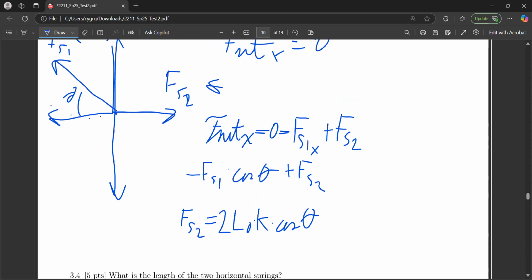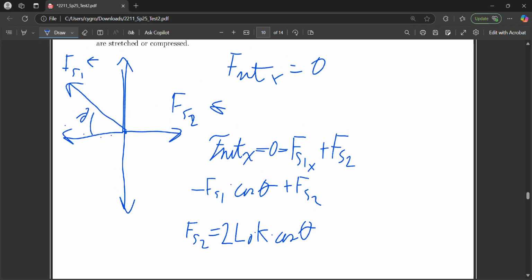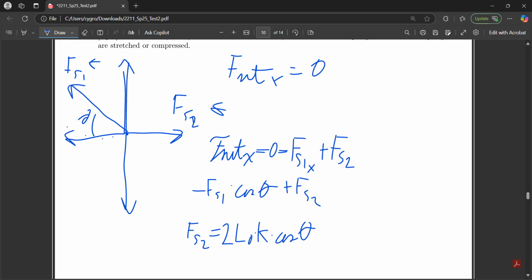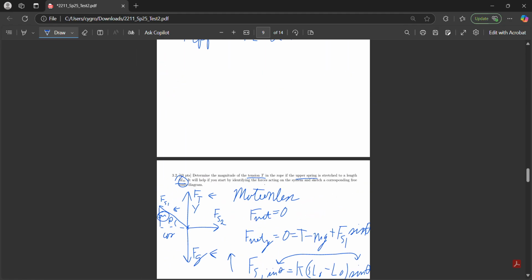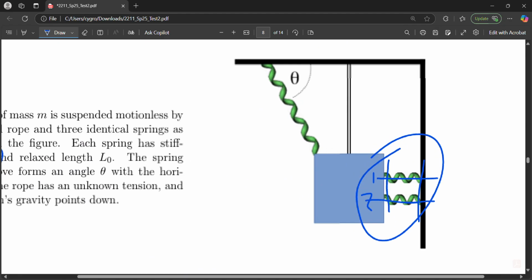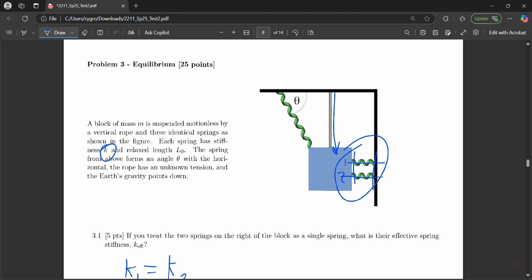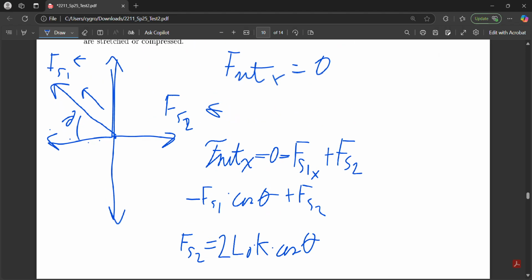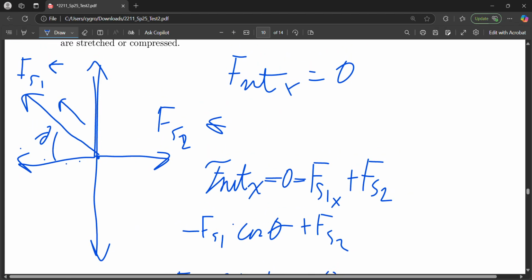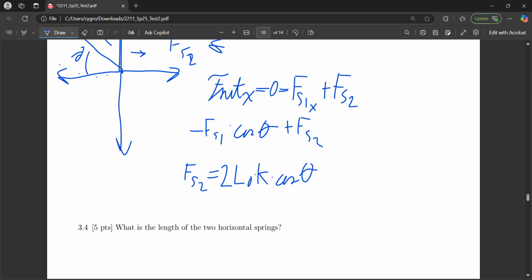Now we can see that in our diagram, if these springs are pulling in this direction and the rope of our original diagram is completely straight, then we can reason that if it's pulling in this direction, it has to be pulling some in this direction in order to counteract each other.